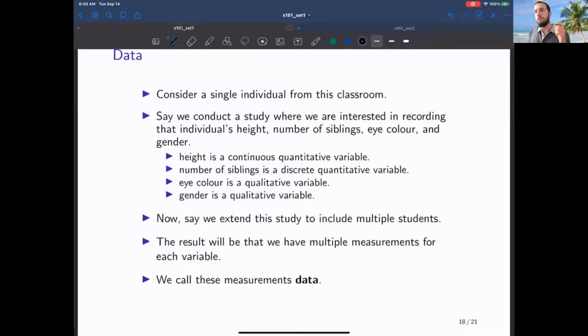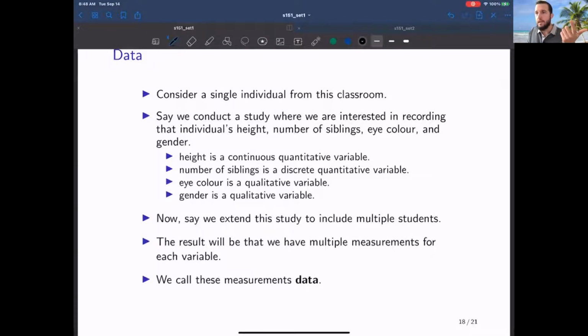Data can be described in the same way as the variable. So you can have qualitative data, you can have quantitative discrete data, you can have quantitative continuous data. And the definition of that would follow exactly from what it did for the variable. Qualitative data would basically just be categorizations or labels like hair color.